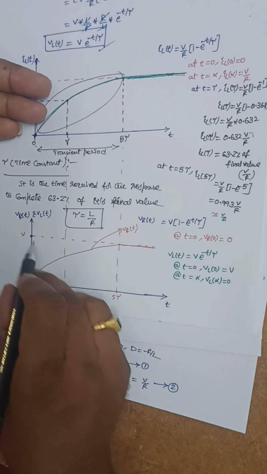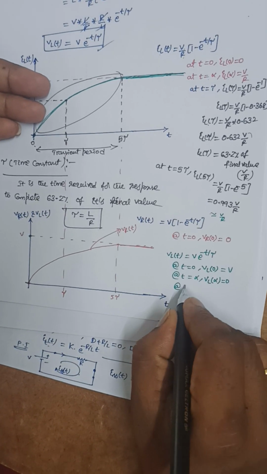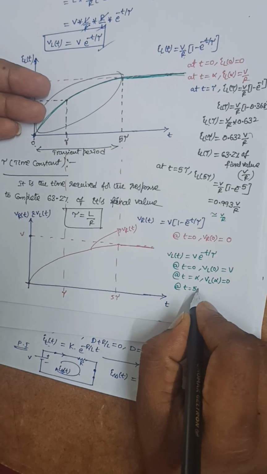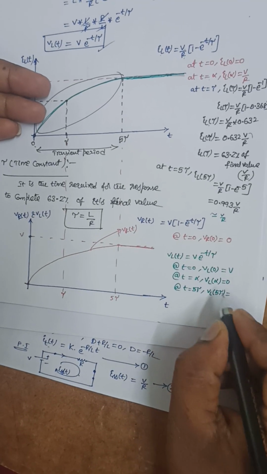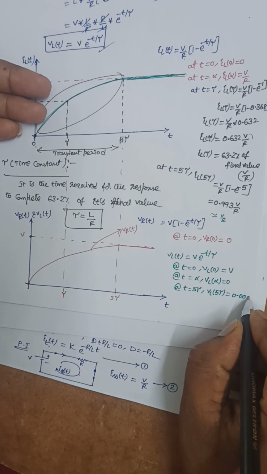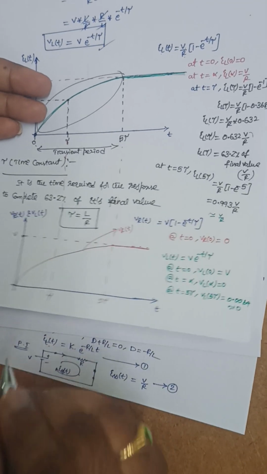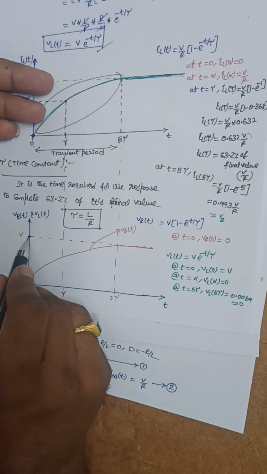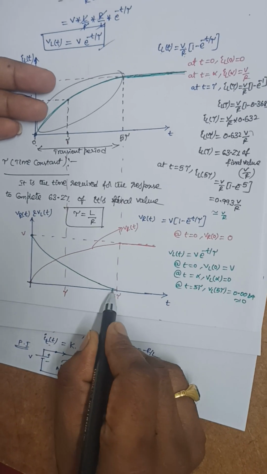That means it follows the reverse. And at t is equal to five tau, VL of five tau is equal to e power minus 5. It is almost 0.0067 something. So approximately it is 0. So it follows like this. This curve follows like this.